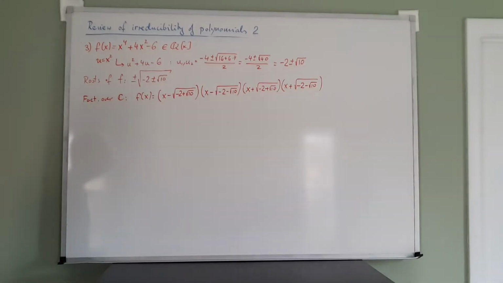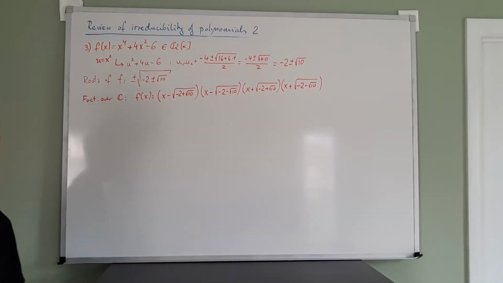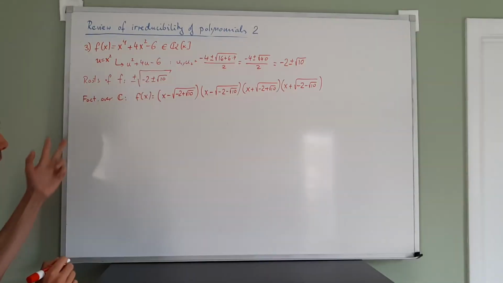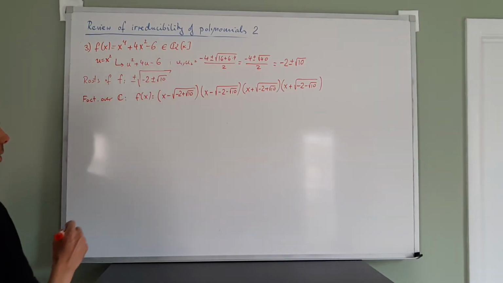All right, each of the factors has coefficients in C, and each of them is of degree 1, so they're automatically irreducible. There's, of course, factorization into irreducibles. I'm not going to keep writing this. This is what we're doing here anyway.